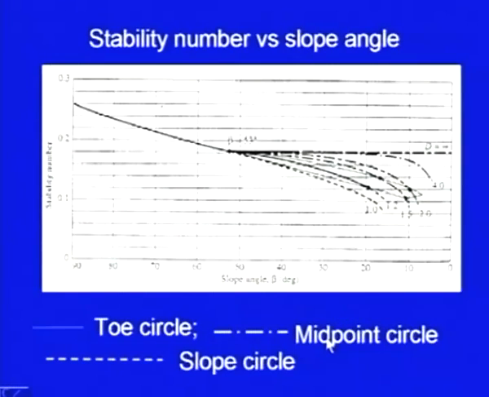If it is a midpoint circle, it means it is a base failure. In case of the base failure, the critical circle is called the midpoint circle. And for slope failure, the circle is passing above the toe. So, for that different lines are available.